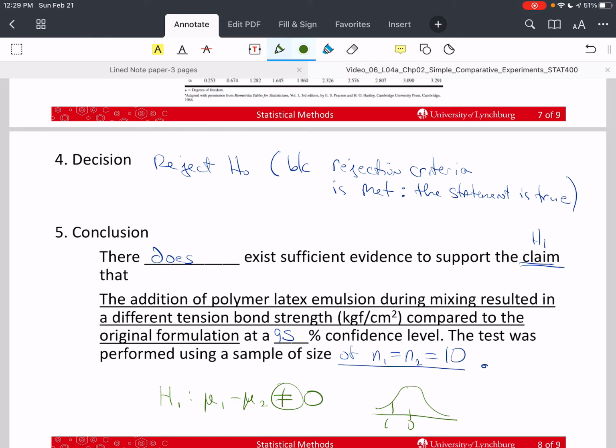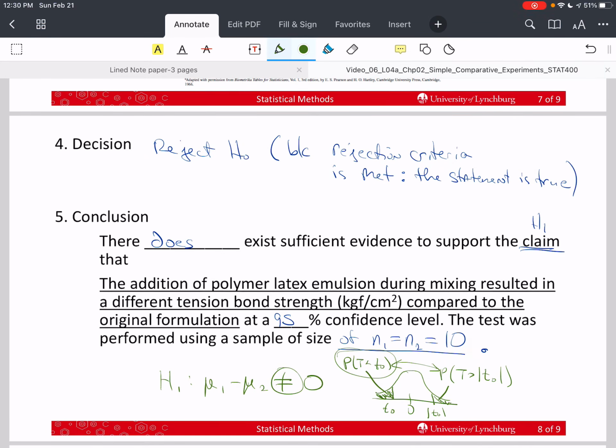In this case, we had T naught here. We find this probability that T is less than T naught. But we also are interested in the probability for the positive, the absolute value of T naught, that T is greater than T naught. We have to add these two together. They're equal, so it's 2 times the value that we got originally.